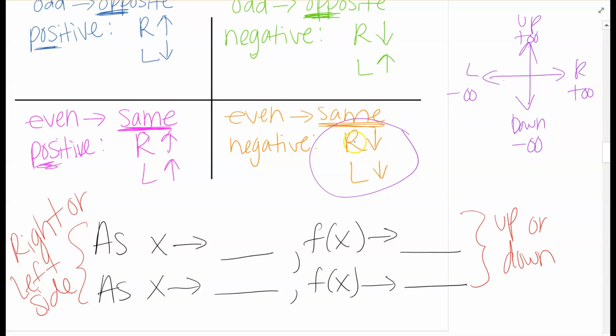So as x approaches positive infinity, it's going downwards, so f of x is going to go to negative infinity. And as x approaches the left side, left is negative, my function is also going downwards, so I'm going to put a negative infinity here. Okay, so that's how you use that for your end behavior.